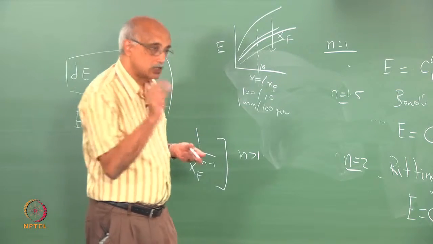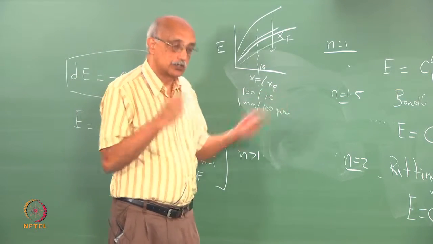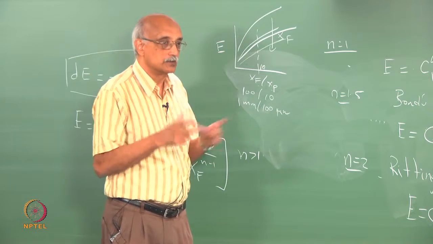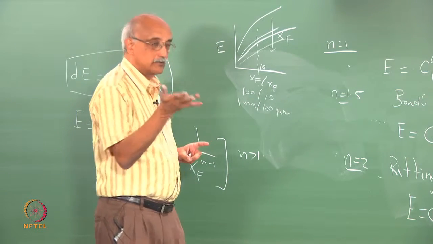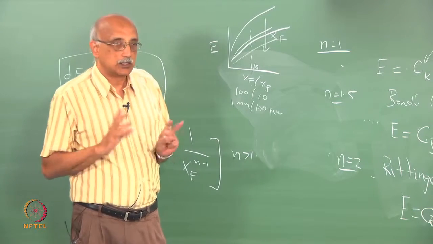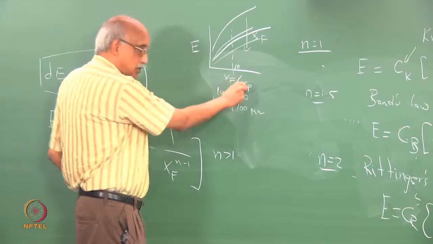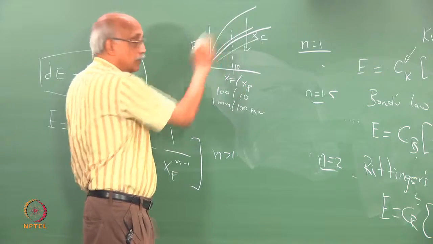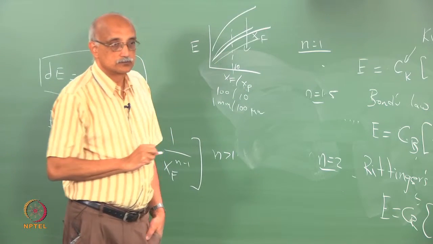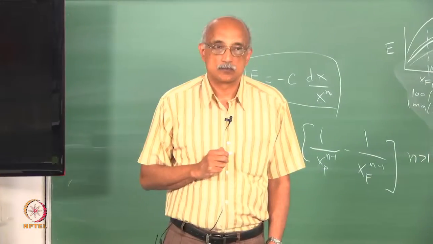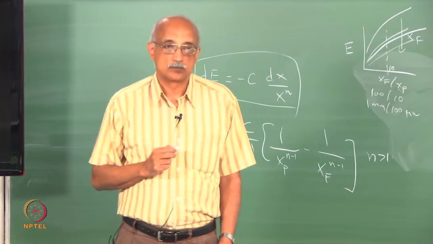In reality, the actual values of XF and XP also have an influence, it is not just the ratio, and we will discuss that in more detail. So, as XF becomes smaller, for the same ratio of XF to XP, the energy required will be much greater.